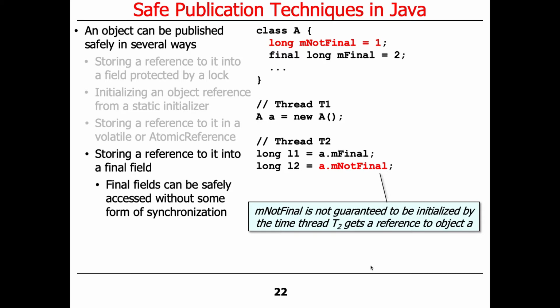So if we try to access the not final field in thread 2 that was set in thread 1, that's not guaranteed to have any sensible value because there's nothing to cause it to be pushed out because it wasn't final. Conversely, I should say, if you try to access the final field, it will be there because it was defined as final.